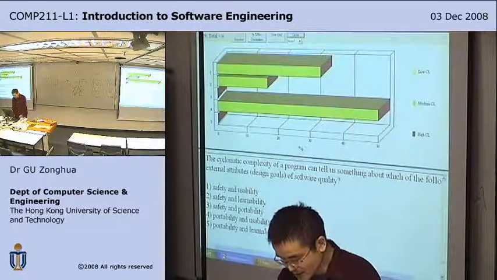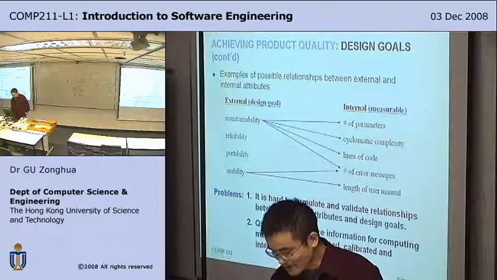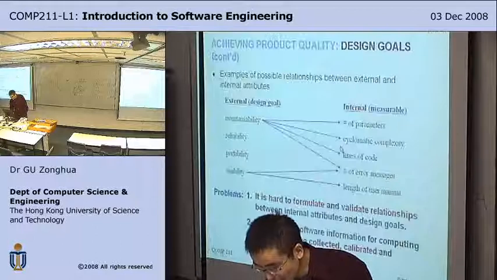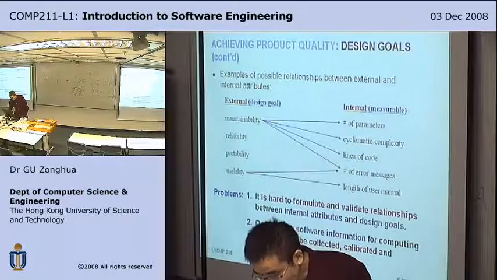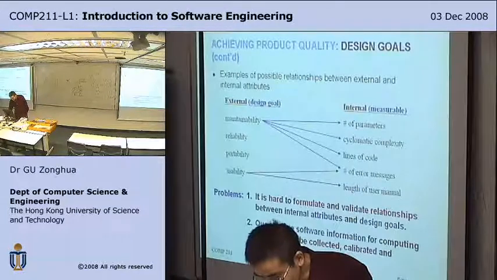It is 3. So cyclomatic complexity can tell us about portability, and it's not shown here. I thought it's shown somewhere.